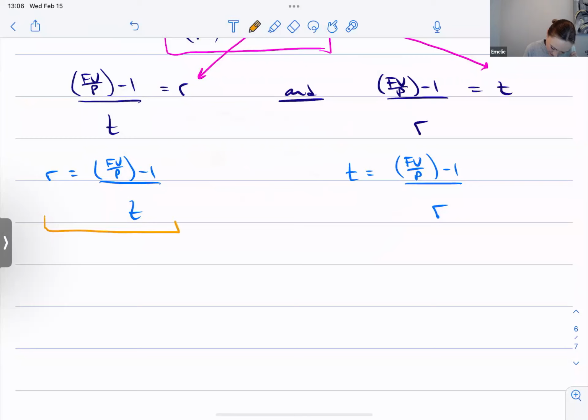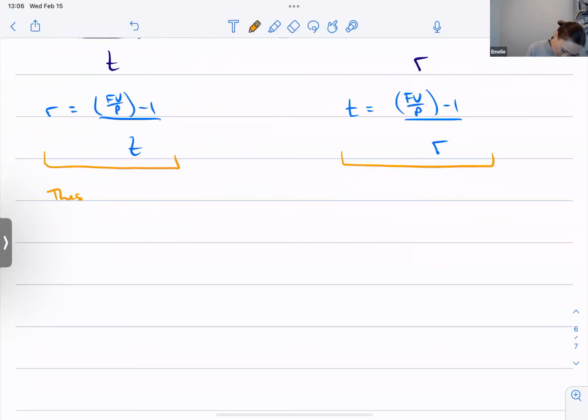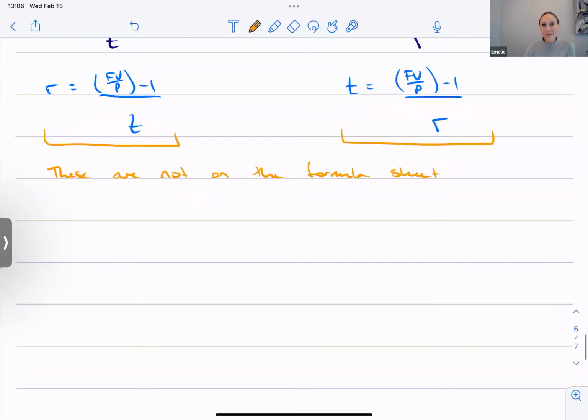Okay, so here, these are not on the formula sheet. But might be nice to have.